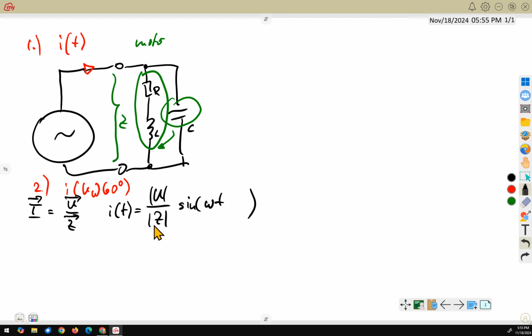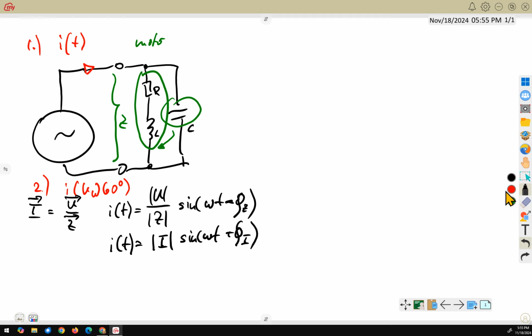The impedance has a phase angle, and therefore we have to consider this in this formula by changing with the impedance phase angle. The other way to solve this is, we should know the magnitude of the entire current, again a sine wave plus the phase angle of the current.